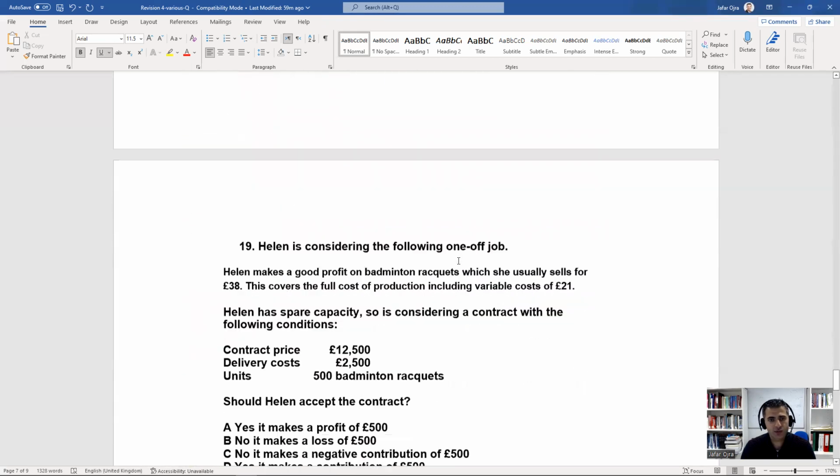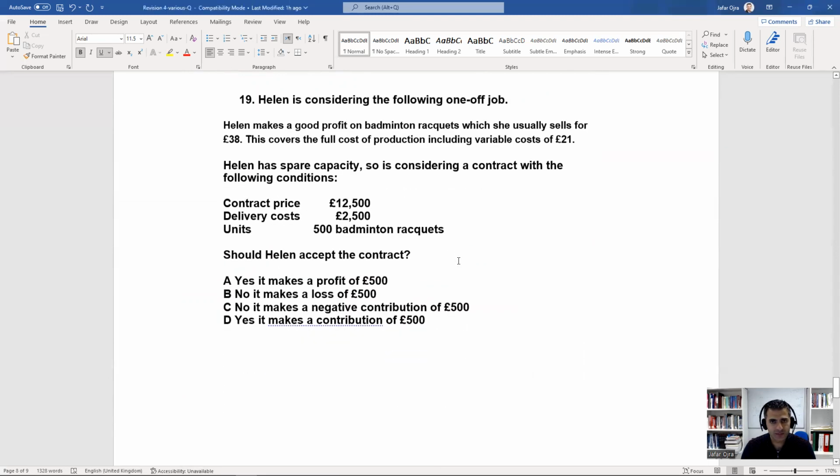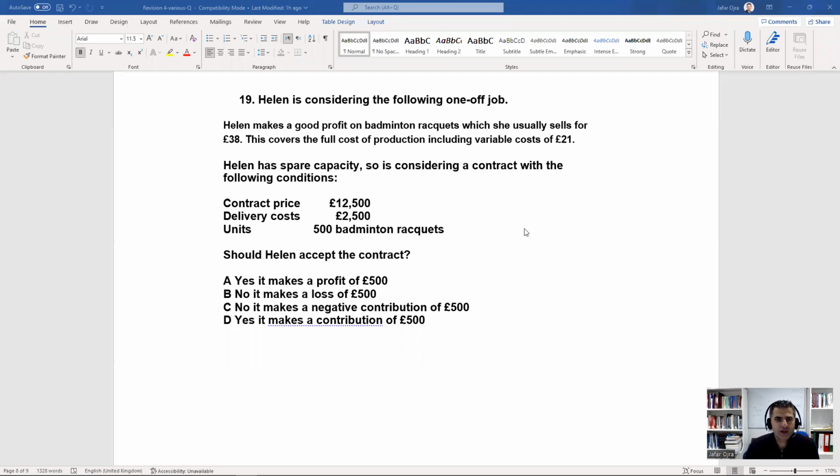Okay. So let's move to question number 19. Helen makes a good profit on badminton rackets, which she usually sells for £38 each. This covers the full cost of production, including variable cost of £21, which is the total variable cost.